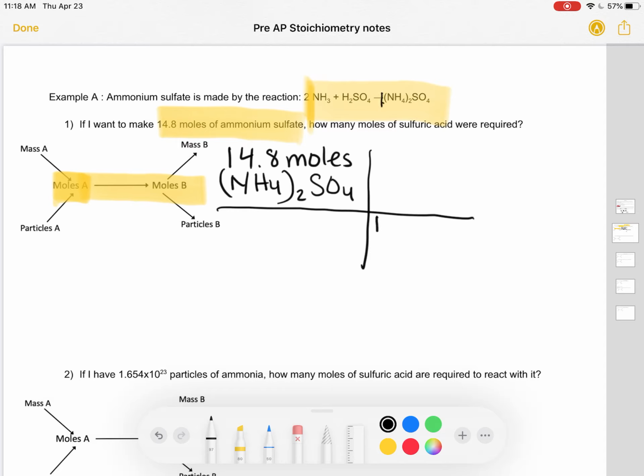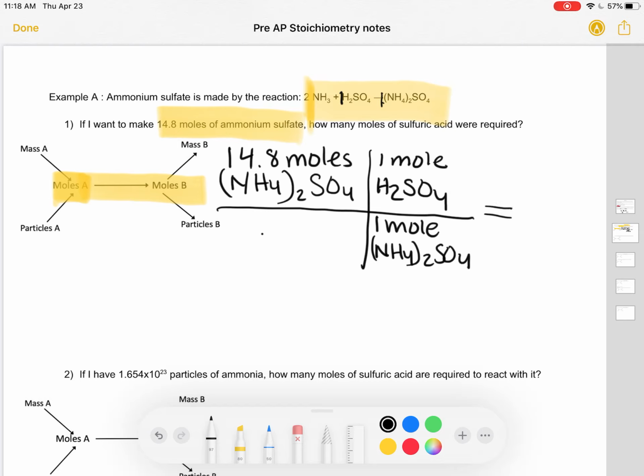So for every 1 mole of ammonium sulfate, I used 1 mole of sulfuric acid. See how the coefficient there was 1 mole of sulfuric acid. This is why it's really important to label everything.